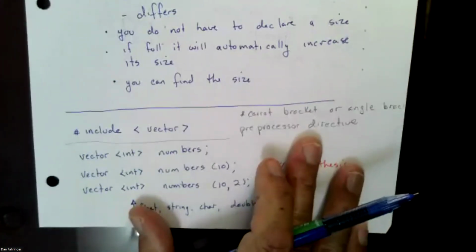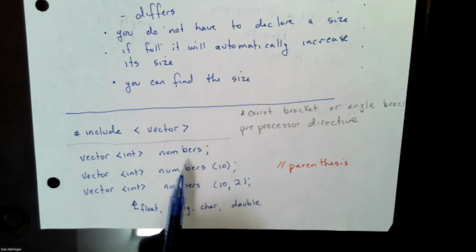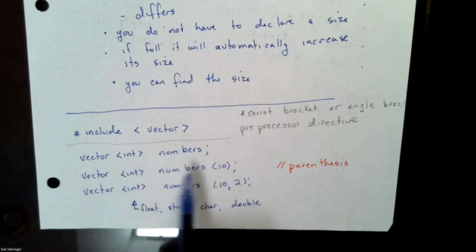All right, my preprocessor directives. Bing, bang, boom. This one says, hey, I want to use a vector called numbers. Thumbs up. This one says, I want to use a vector called numbers, and I want to reserve the first 40 bytes. I know I'm going to need at least 40. Might need more than that. That's the advantage of a vector.